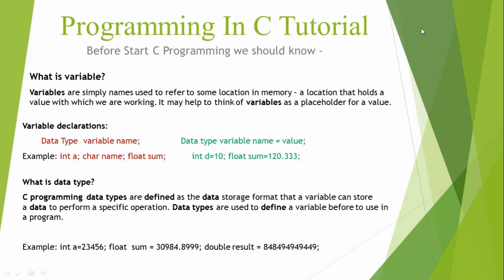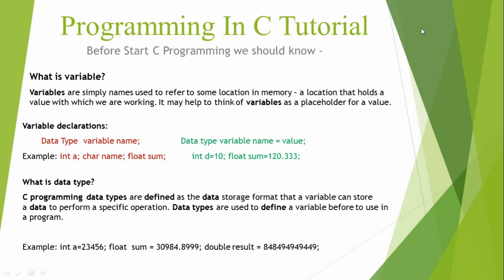If we think simply, everything is very simple. If we think hard, then it will be hard. Simply think of a variable as a container and the data type as the size, the container size: how long, how big, how small. The size is called the data type, and the container is a variable.